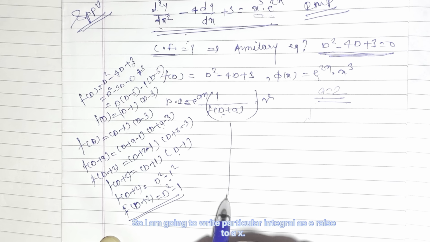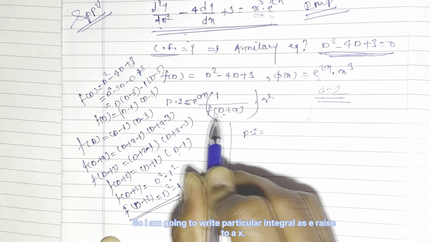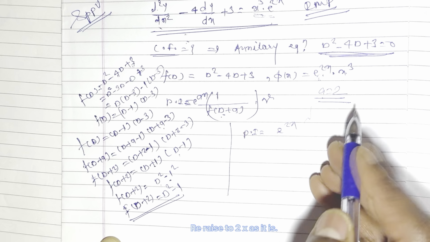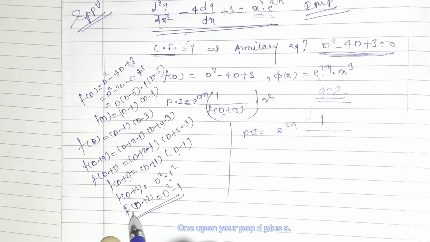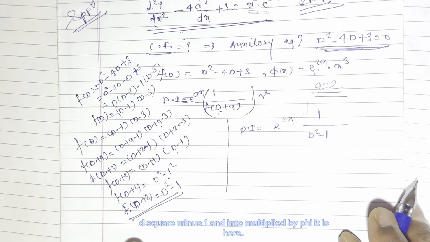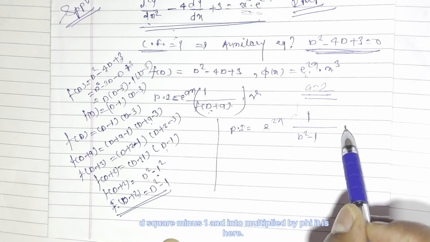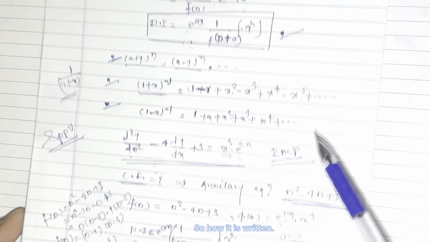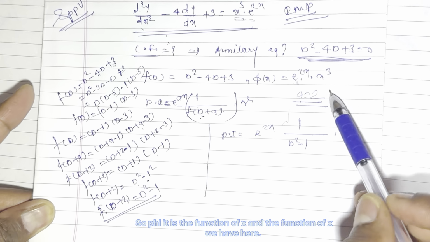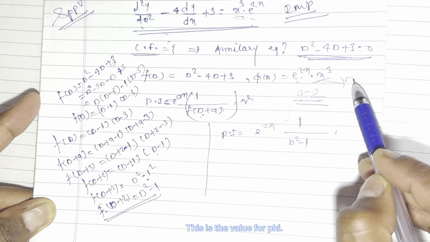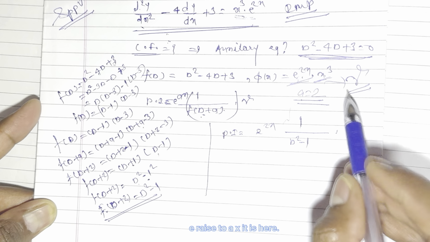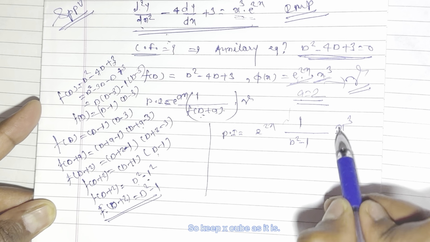So I'm going to write the particular integral as e raised to ax, that means e raised to 2x as it is, 1 upon f of D plus a, that means f of D plus 2 which is D square minus 1, multiplied by V. V is the function of x, and the function of x we have here is x cube. This is the value for V, with e raised to ax outside. So keep x cube as it is.